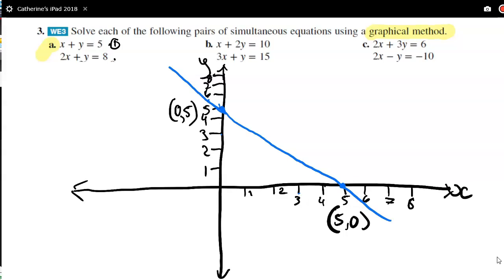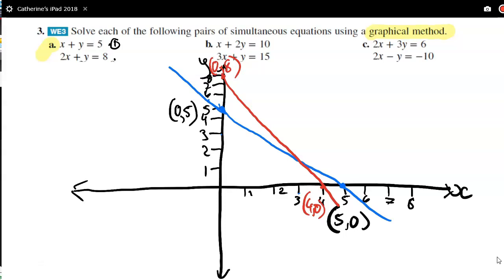Okay, and my other one, doing red, my y-intercept is at 8, and my x-intercept is at 4. So that's at 4, 0. That's at 0, 8.